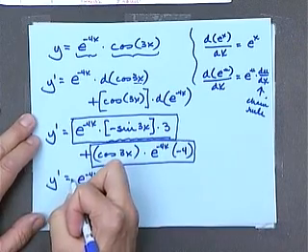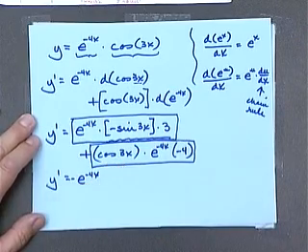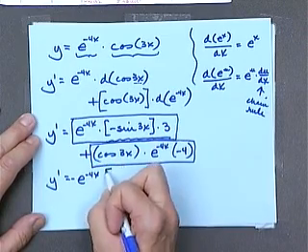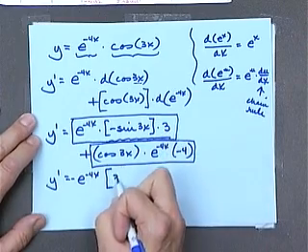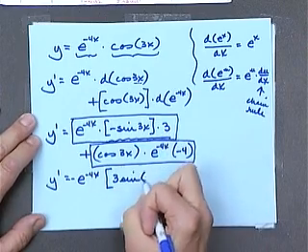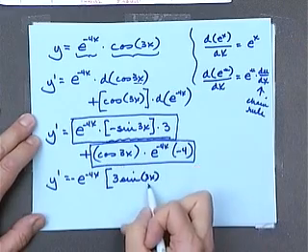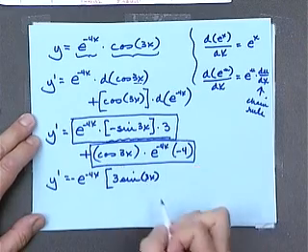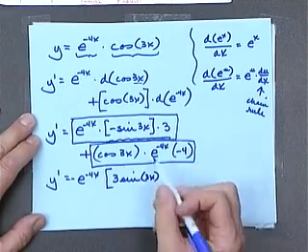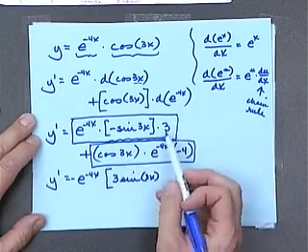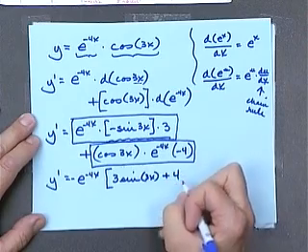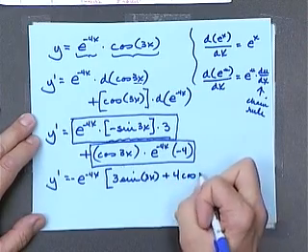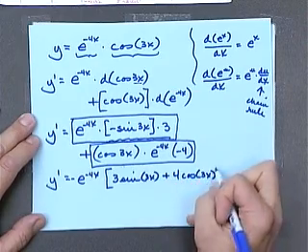So let's bring that out: negative e to the negative 4x. Everything else has to stay. So we've got 3 sine, and remember to put your parentheses here, 3 sine 3x plus 4 cosine 3x.